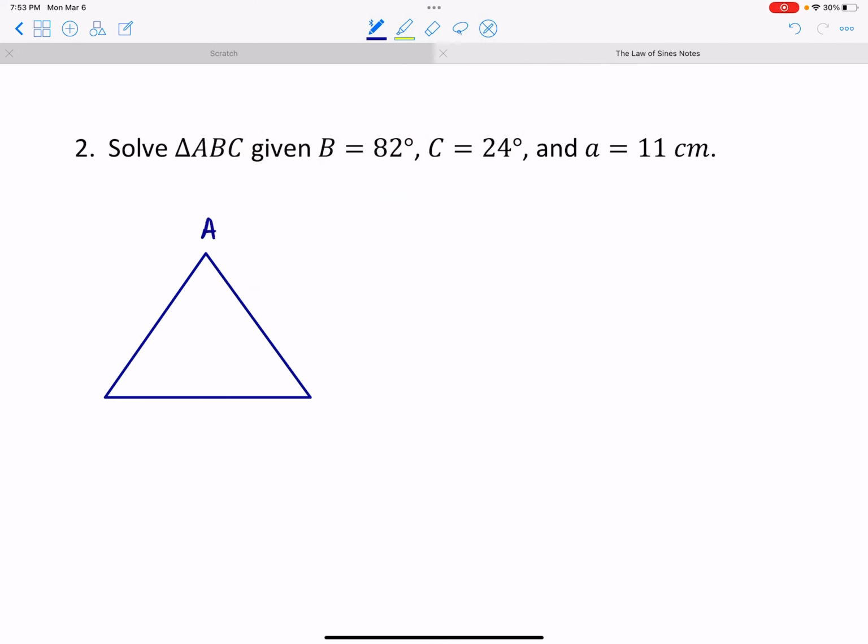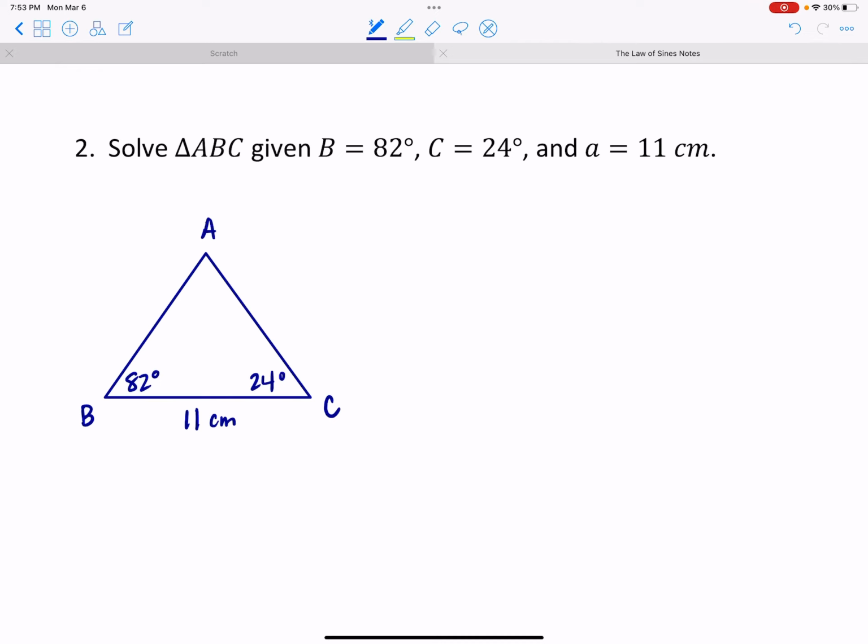And I usually just go ABC, although again, it does not matter where you put those, as long as you label the corresponding parts properly. So angle B is given to us as 82 degrees, I'll put that in there. Angle C is 24 degrees, I'm going to put that in there. And side A is 11 centimeters, so I'm going to put that across from side A.